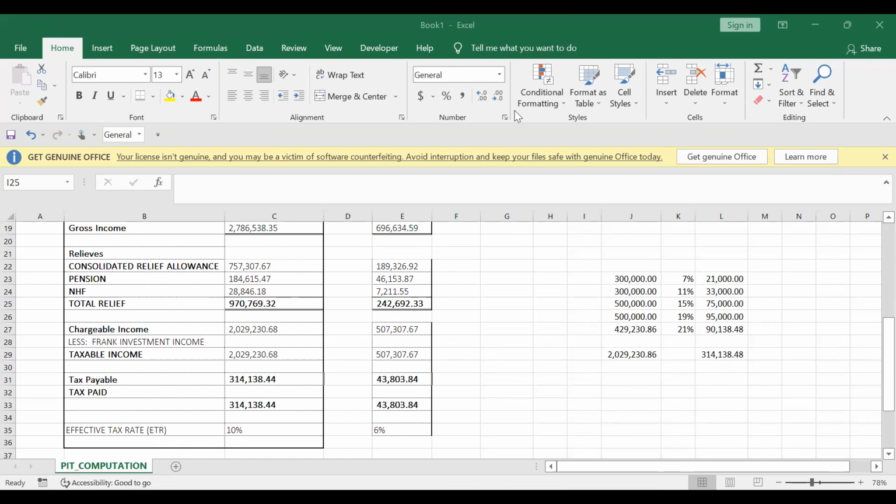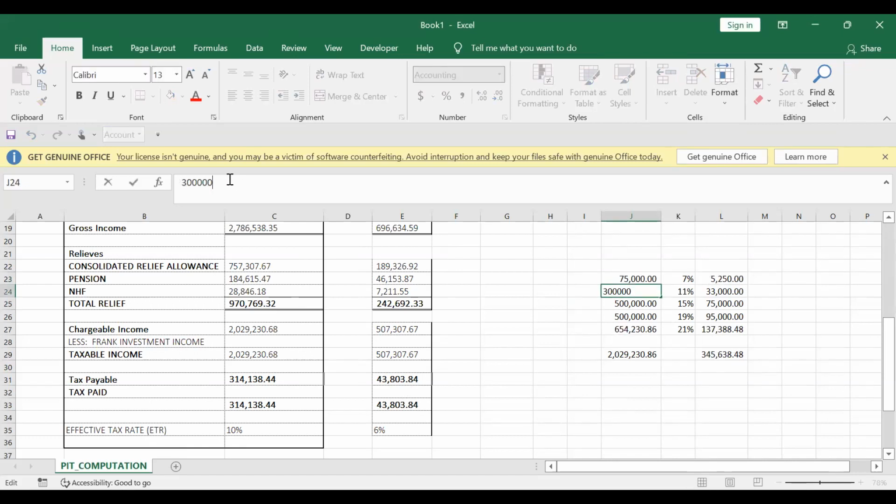Okay, so one thing you need to note is that just the same way we adjusted for the 200,000, all these first 300,000, next 300,000, we have to prorate by the number of months. This 300,000 represents 12 months. So I'm dividing this by 12, multiplying by 3 months.